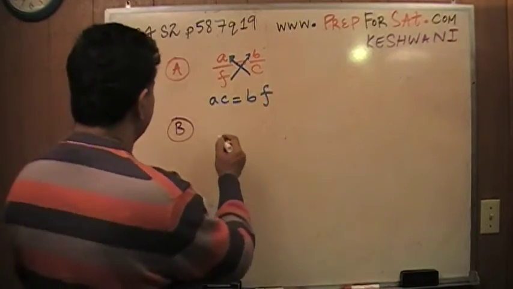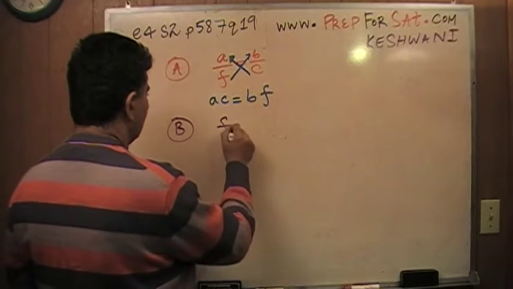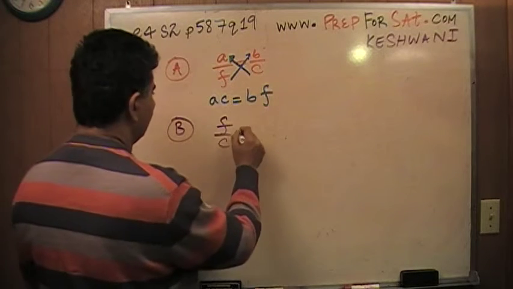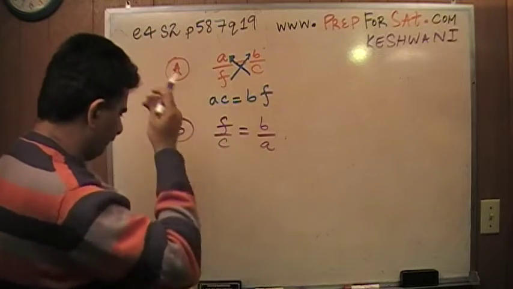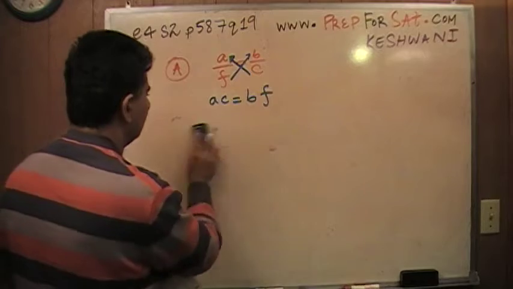Let's look at B. B says F over C equals B over A. I shouldn't have written them so close to each other.